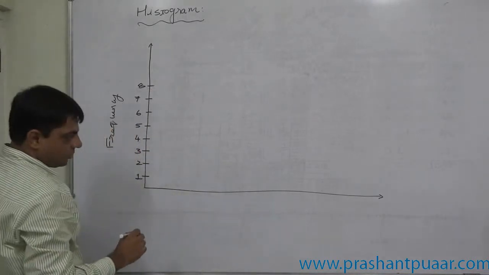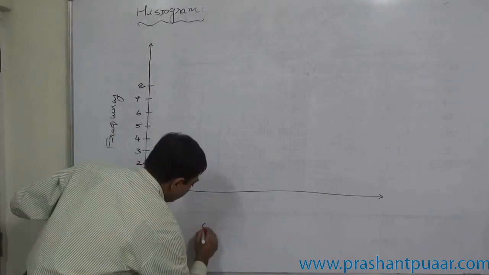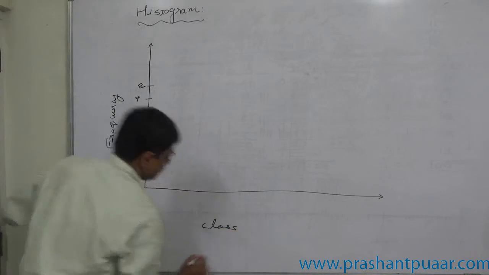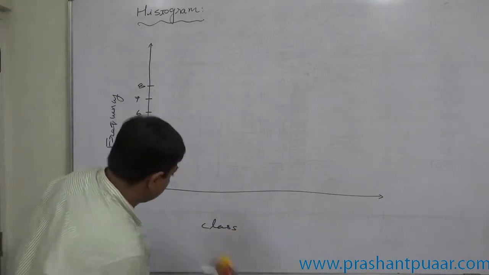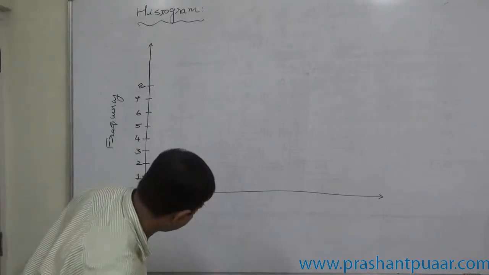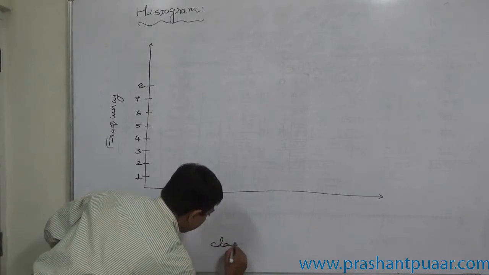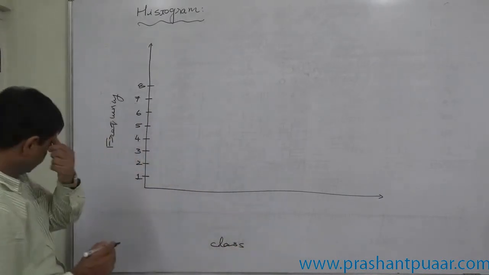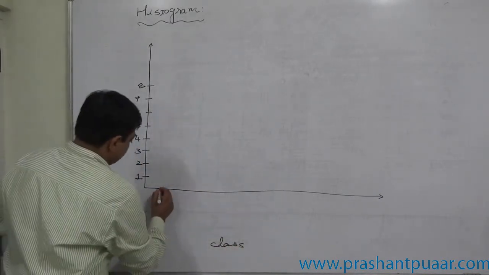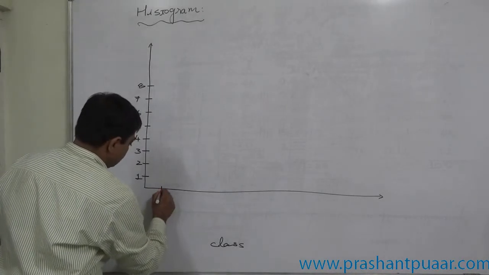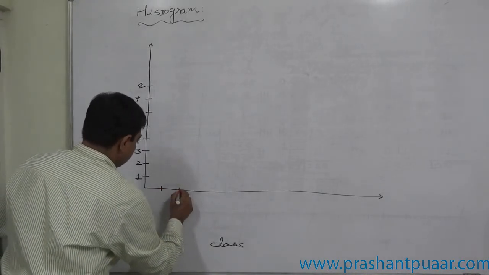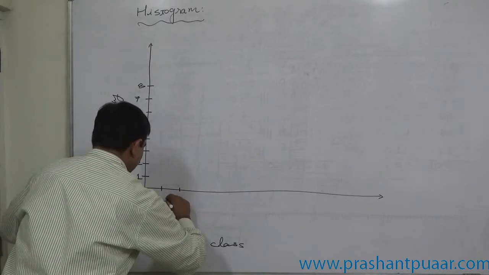On x-axis or on horizontal axis, we are going to take classes. The first is 6 to 7.9.